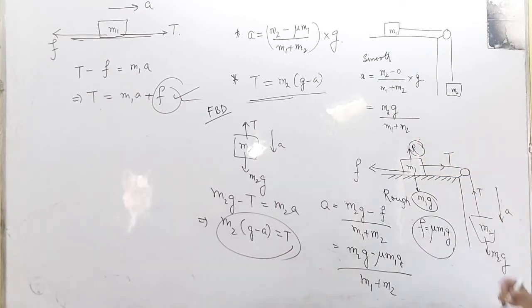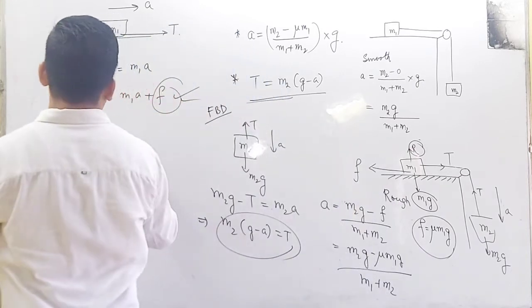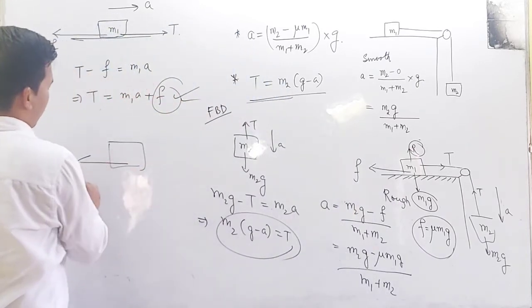Here your tension T is exactly equal to F. You should equate your tension T exactly equal to the external force, the frictional force F, for the body about to move. Simple logic: this frictional force F is equal to 20 times 10.